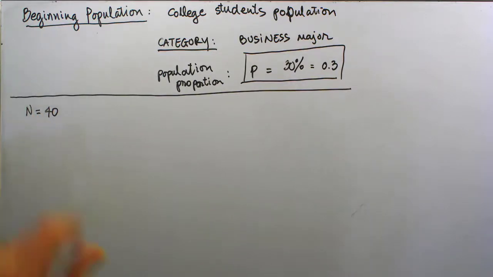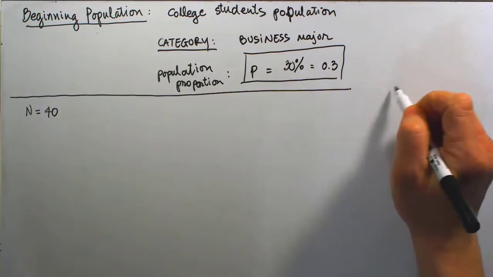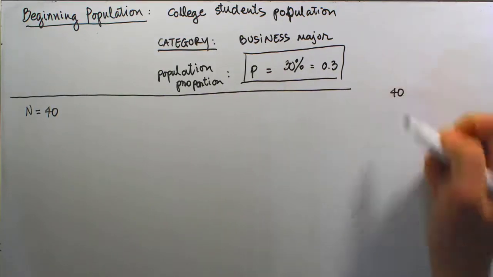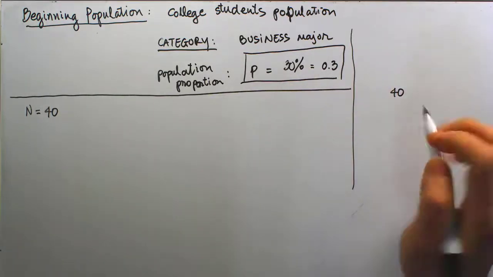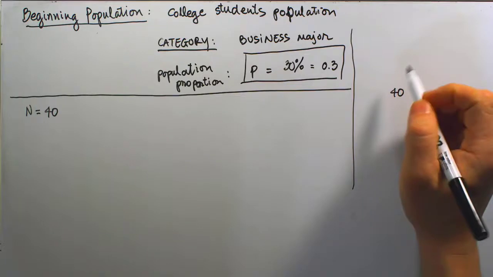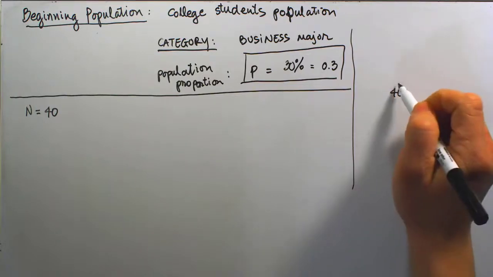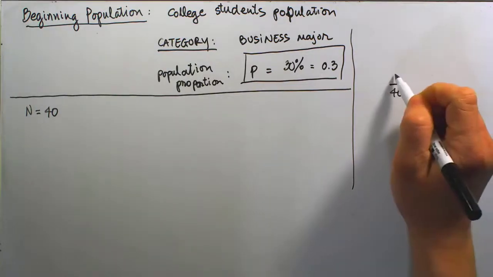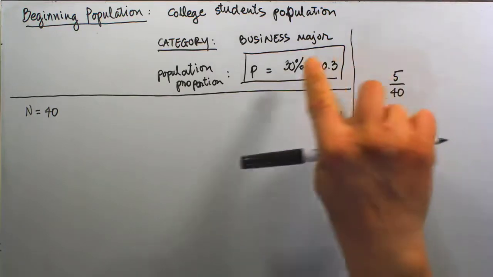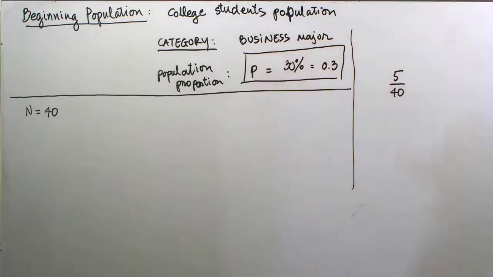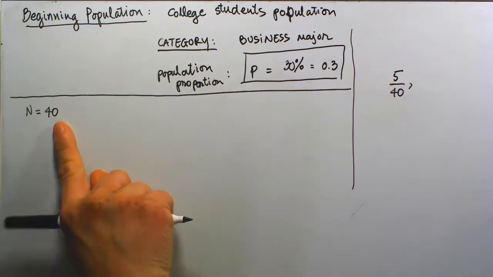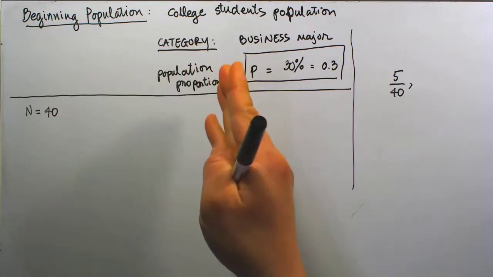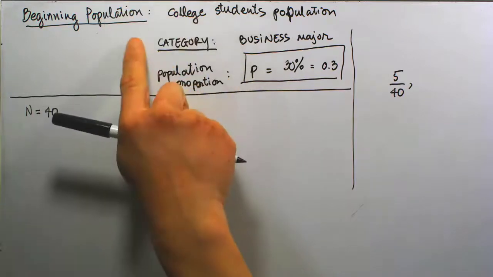Now let me draw a quick sketch here. Maybe this is our sample, 40 students. This is some part of the scratch work, so allow me to keep it in a separate space out here. In our sample, we may find just 5 students who fall into this category, being the business major. Now, this is just one sample. If we picked 40 students, somebody else can pick another sample of 40 college students from the same population.